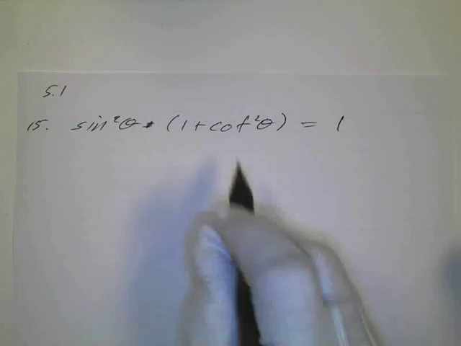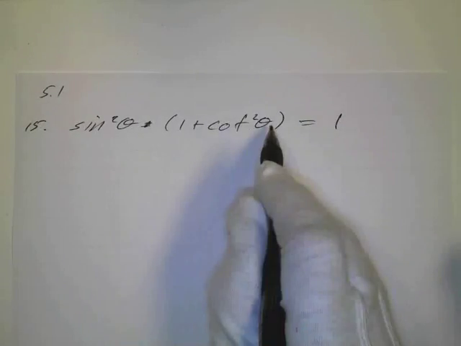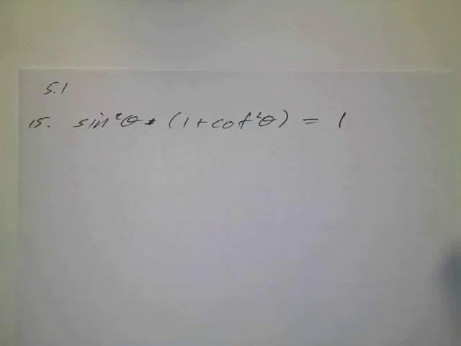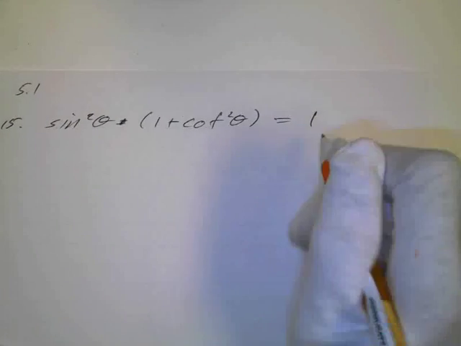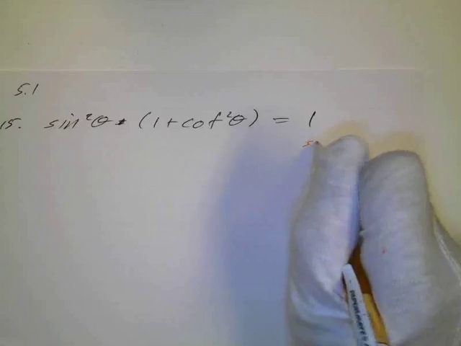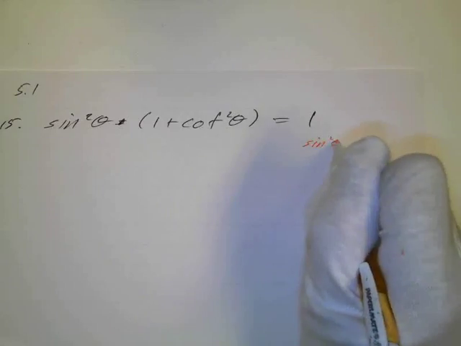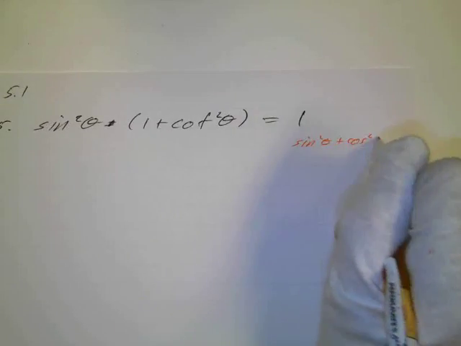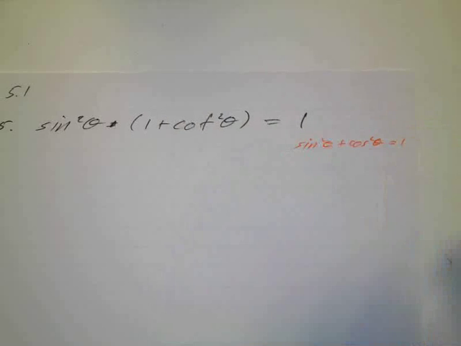Now, this is one of those trigonometric identities, but sometimes we confuse these. You could look at it on your sheet and you can see it there. So I guess that's one way to do it. Sometimes I forget. I always remember this one, the sine squared of theta plus the cosine squared of theta equals 1.